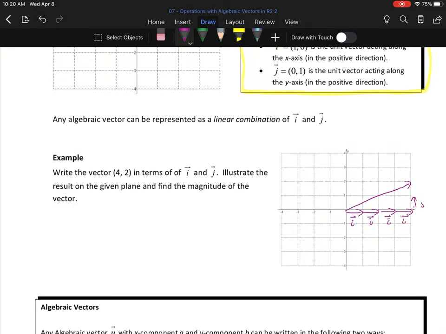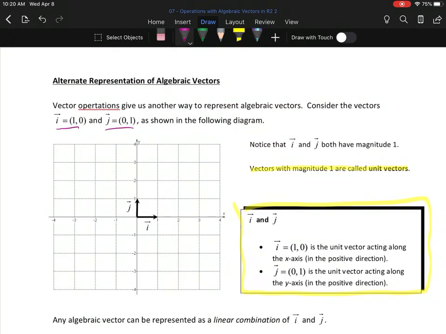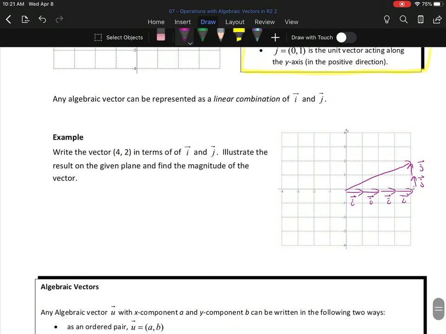And then 2 j's. And hopefully this picture is enough to convince you that any vector you go to draw, you can make up as some number of i's and j's. For instance, 4, 2 is equal to 4 i vectors plus 2 j vectors. And if you think, okay, so the i's is just the x component and the j's is just the y component, yeah, just that easy.